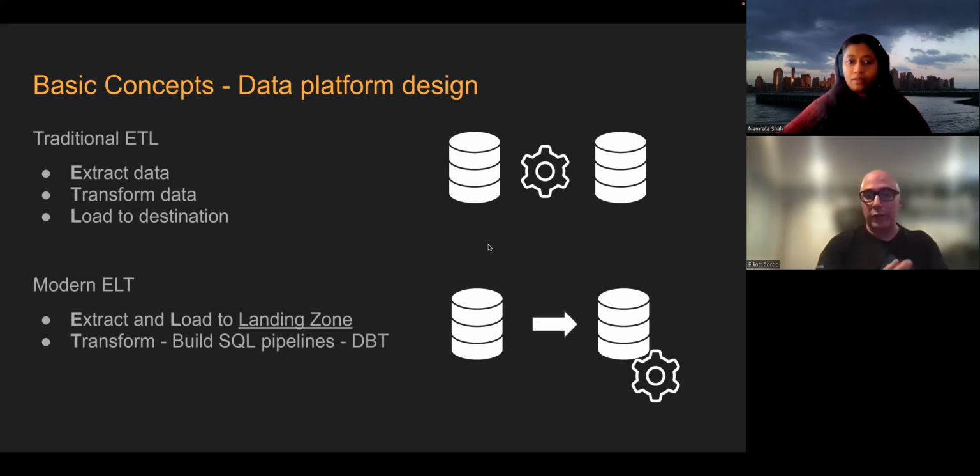And then we have the transform, where we're building SQL pipelines. We're using tools like dbt because now we have really scalable systems, like distributed MPP databases like Redshift and distributed query engines, where we can start doing that work in the destination. So I just wanted to level set on these concepts before we got into the tech.